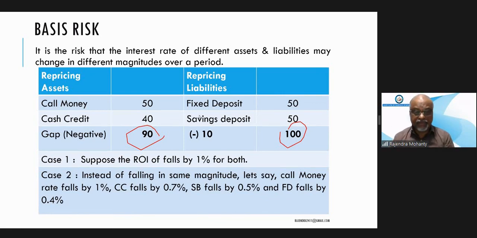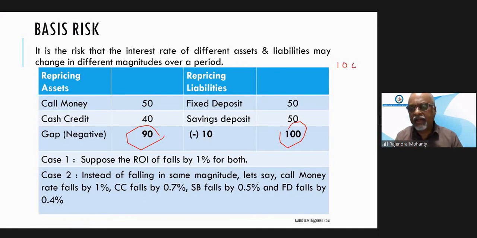Here you have to see that our income is coming down, and the liability side is higher. Simply, the inflow decreases more than the outflow decreases. Simple thing, you write that NII is negative.